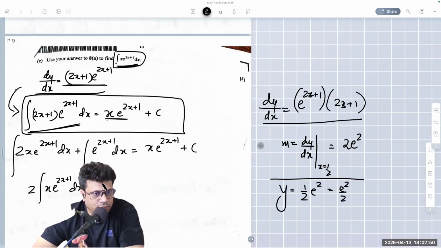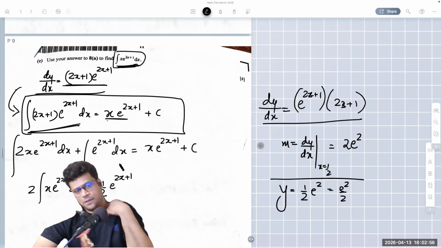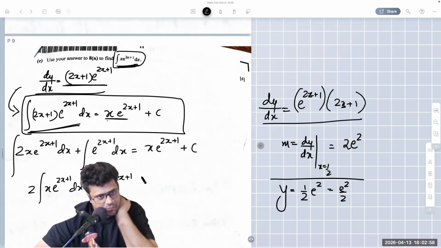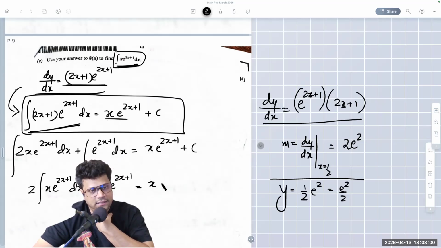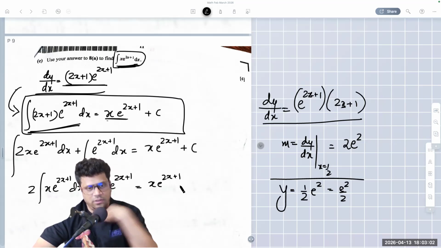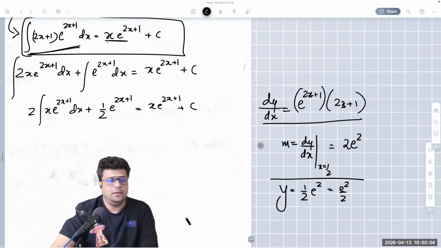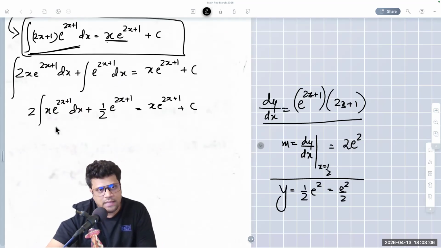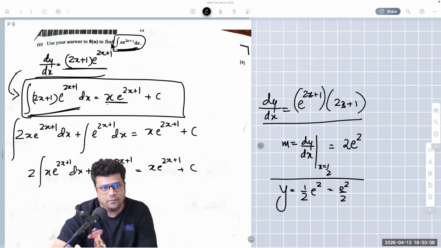And that's 1 by 2 e to the power of 2x plus 1 equals x e to the power of 2x plus 1 plus a c. And see, I have isolated what I wanted.